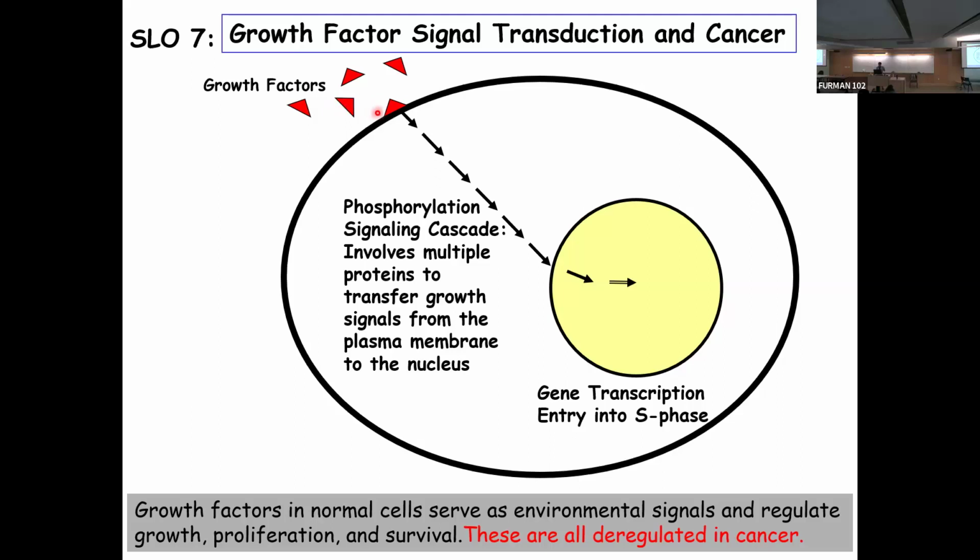Now, these signals or growth factors are received on the surface of this cell. And once they're received, these signals are transduced. Where are they transduced? They are transduced eventually to the core, the nucleus of the cell.